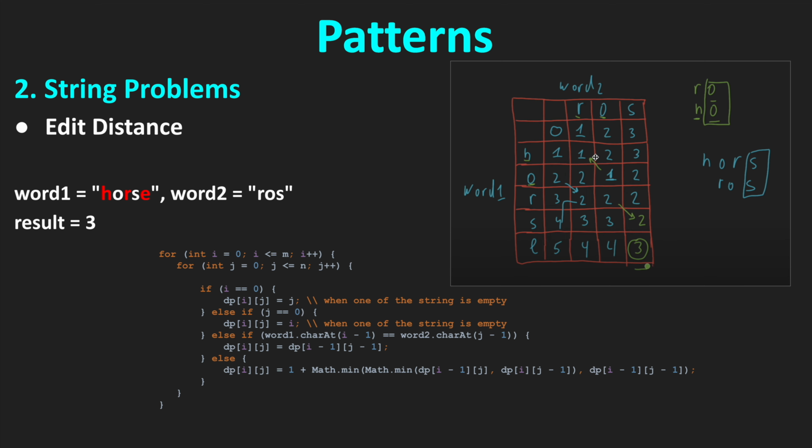And if they are not equal, which means that we need to make one change, we are taking whatever the minimum value is in one of these cells, right? Either from the left, from the top, or from the diagonal cell. So we are taking the minimum value.